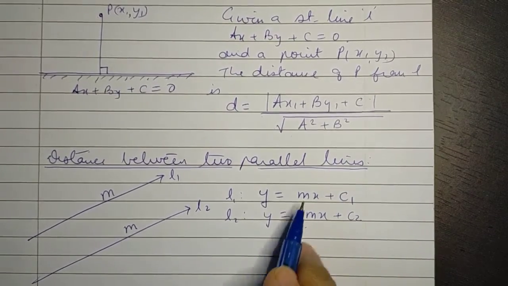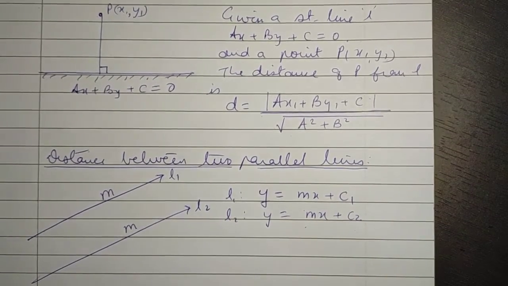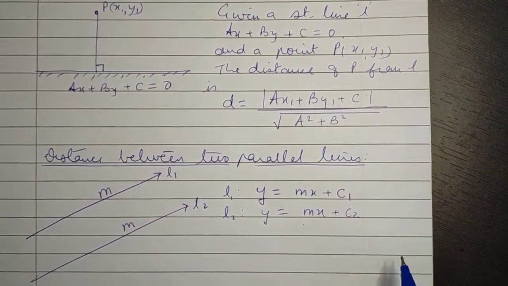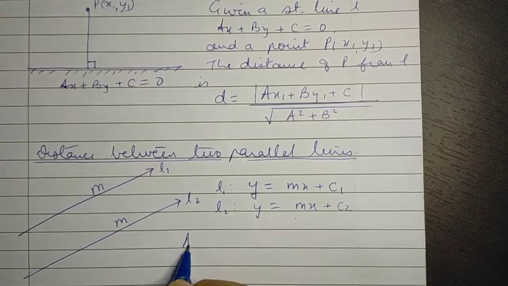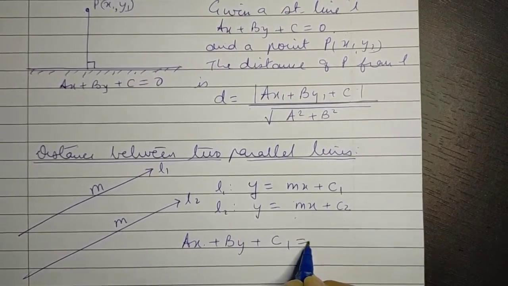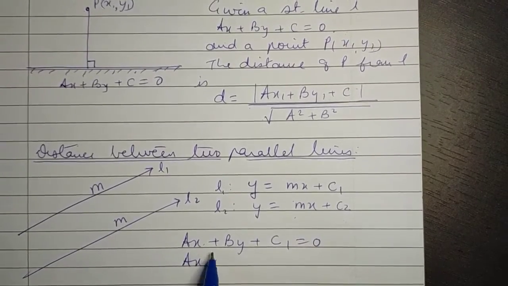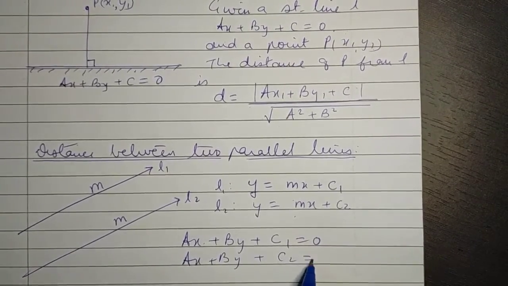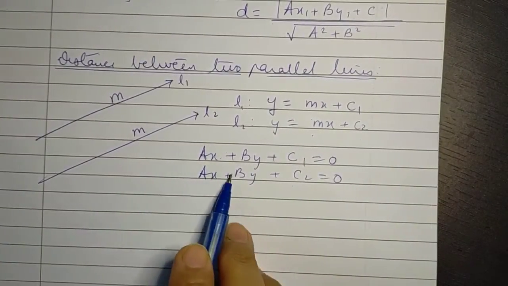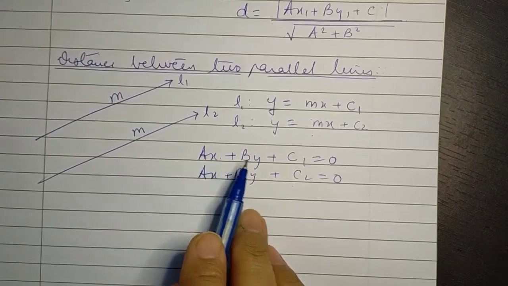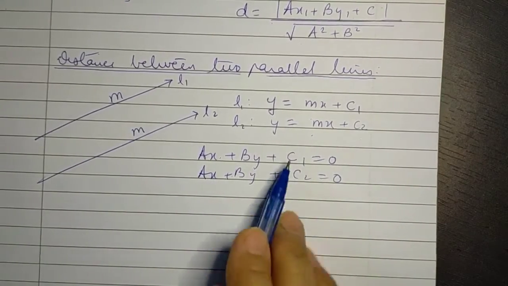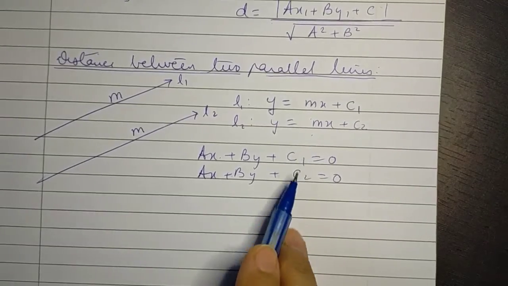So these two equations refer to two parallel lines. Or in case we are writing the general equation of the line, we can write it as ax + by + c1 = 0 and ax + by + c2 = 0. These refer to two parallel lines. As we can clearly see, the coefficients of both x and y in both the equations are the same. The only difference is in their constant part.